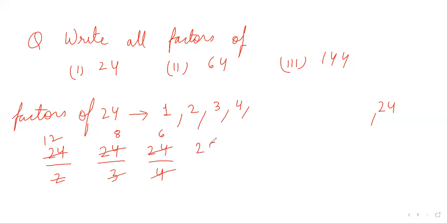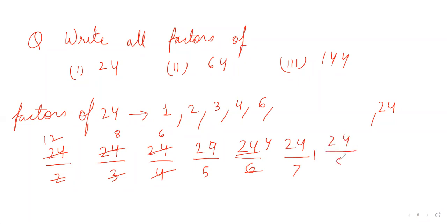If I divide 24 by 5, I cannot divide it. It is not exactly divisible. Now I will check with 6. 6 fours are 24, so I will write 6 is also a factor. If I divide it by 7, I cannot divide it. If I divide it by 8, yes, it is exactly divisible.